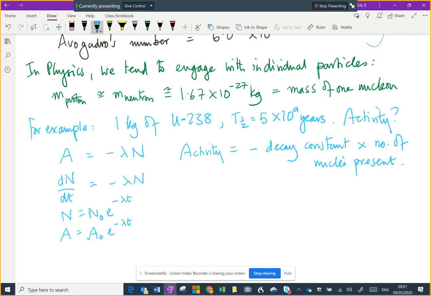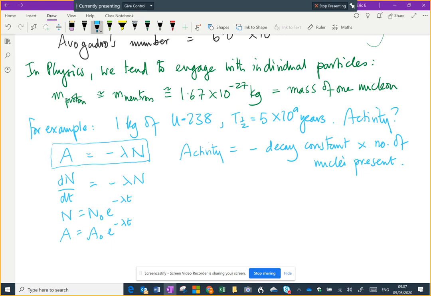of the uranium-238. But the first thing we need to do is to find the decay constant from the half-life. And we are going to use the top formula, which relates the activity directly to the number of nuclei present. So if we can find lambda, and we can find N, then we can find the activity.